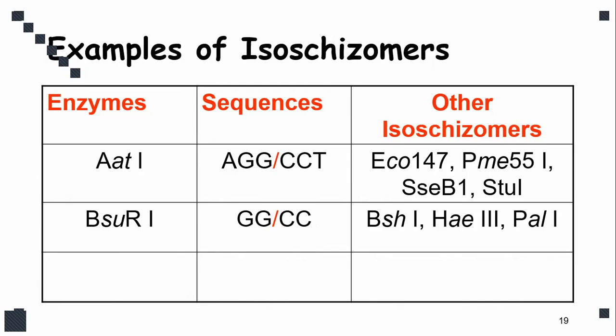Then you go to BsuRI, and then you go to the sequence GGCC, and then you can see BshI, HaeIII, PalI. So you can see PalI has appeared here as an isoschizomer to BsuRI. Then we have SmaI. SmaI will recognize this sequence, and then there is an isoschizomer, which is XmaI. So let's keep this one in our mind.